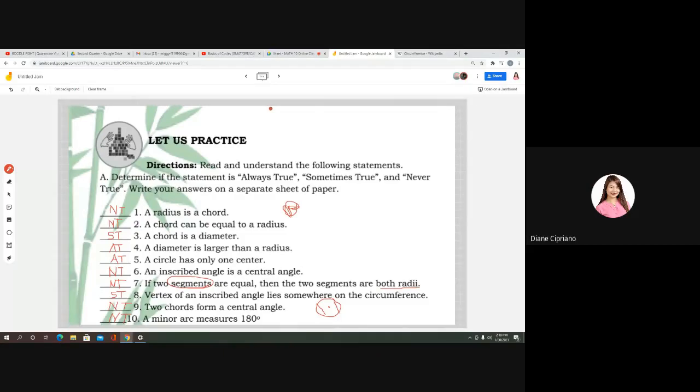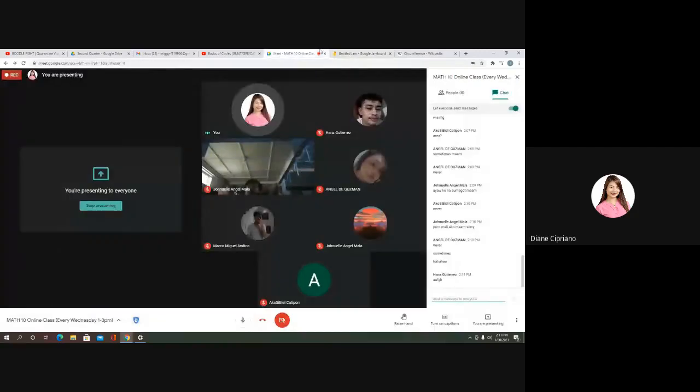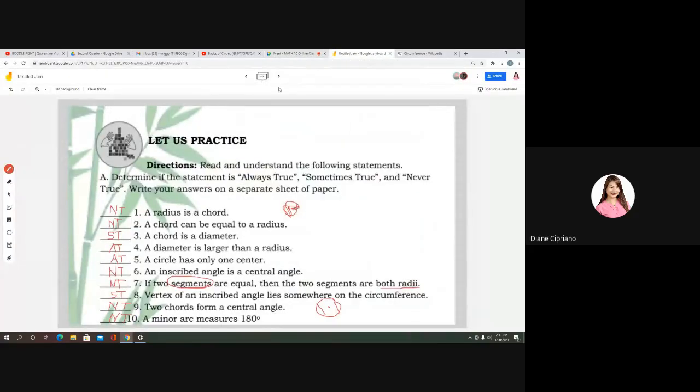Kaya nga po siya minor, kailangan mas maliit siya sa 180. Mas maliit siya sa major. Okay, good. So, this is your answer on Let Us Practice part of your module. Para may sagot na kayo.